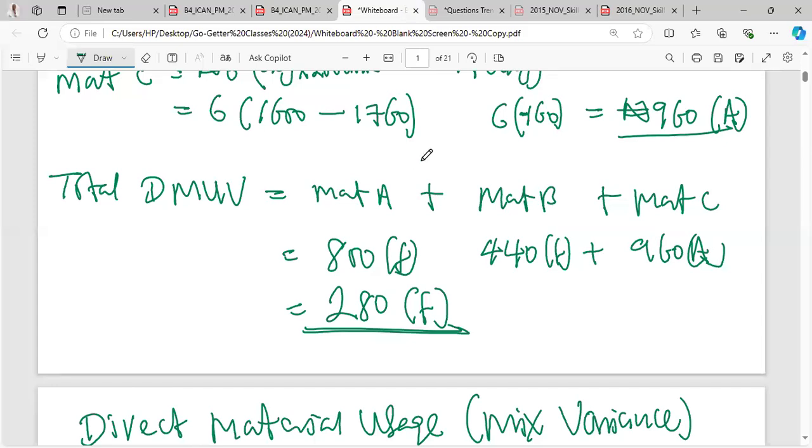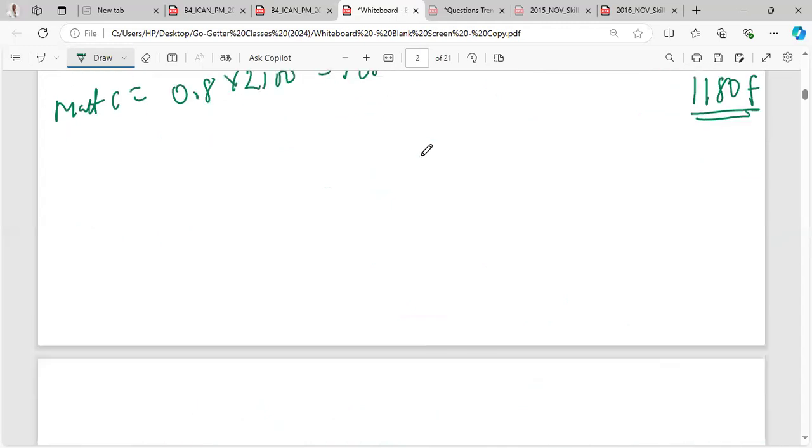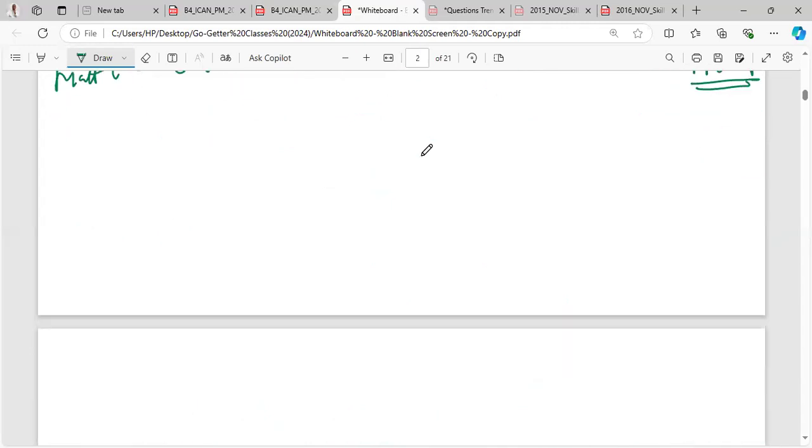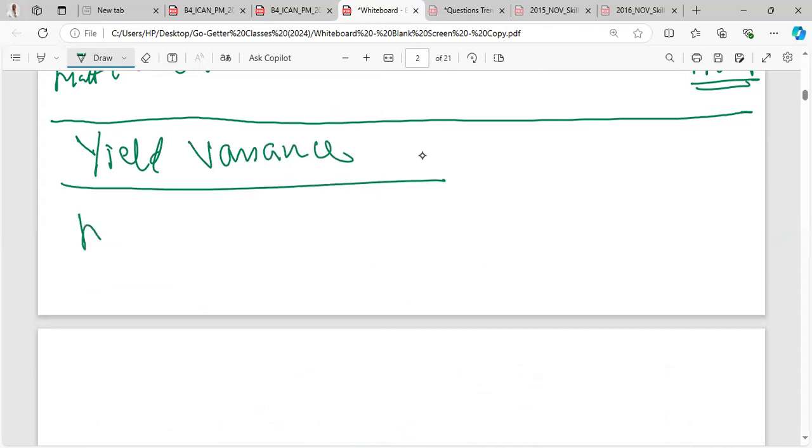So maybe we should put this thing down here so that we'll have it here. So let's say this is yield variance. Method 1, let's say input method.